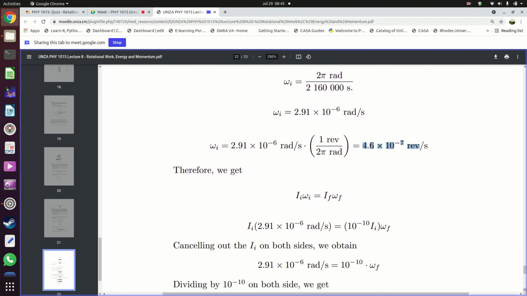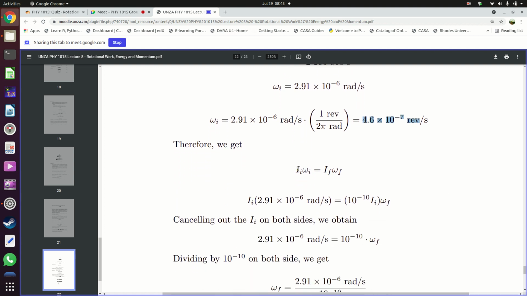So with that information, now we try to enforce conservation of angular momentum. We know our moment of inertia is I, and our angular velocity is what we have found here in radians per second.